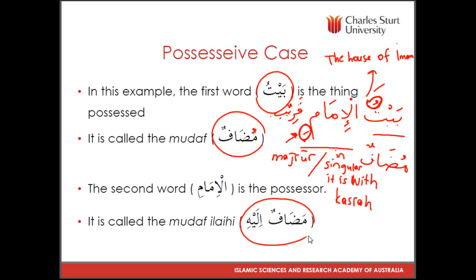Qaribun is the predicate, the khabar of the sentence. Imam's house is near. The main rule for today's lecture is what is the possessive case, Mudaf and mudaf ilayh.